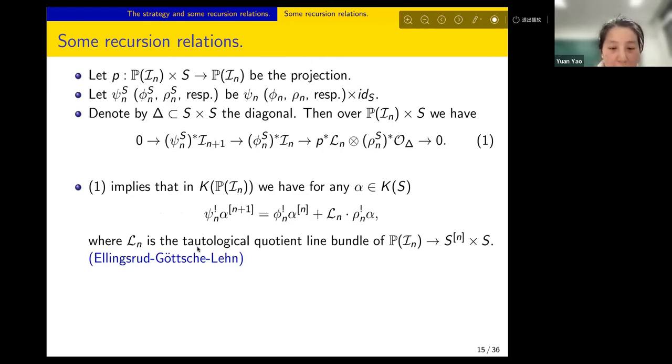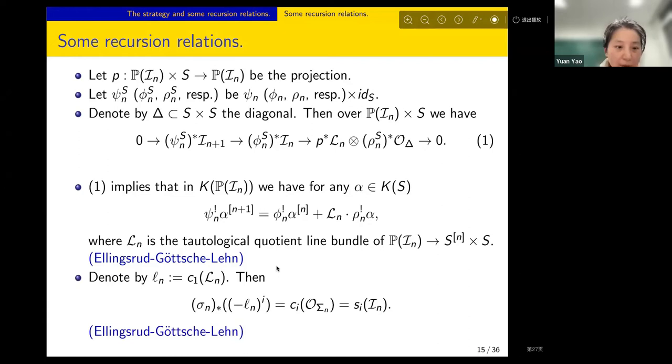So Ln is the tautological quotient line bundle of this quotient. So this one is some projective bundle, right? So you have this tautological quotient line bundle. This is all from Ellingsrud-Göttsche-Lehn's paper. I just copy. And we denote by Ln its first Chern class.